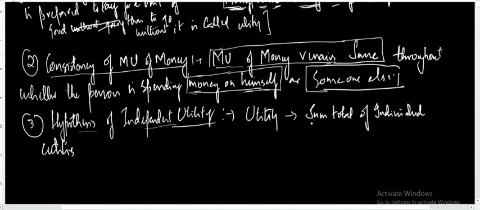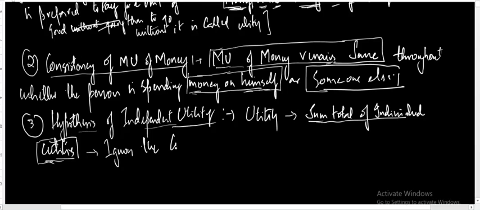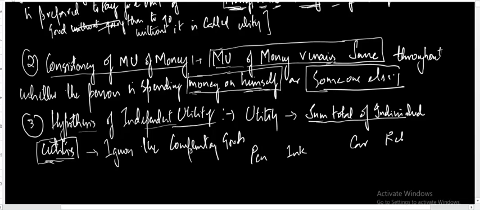So what does this theory say? It says that there are no complementary goods, and so this theory completely ignores the complementary goods. Say, for example, we have this pen and ink, or we have this car and petrol.